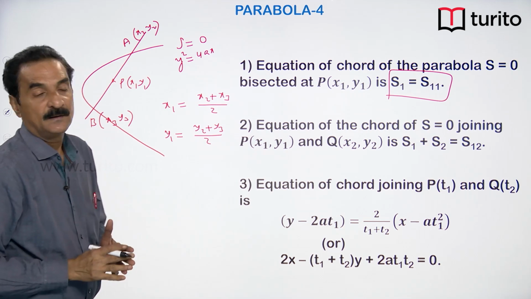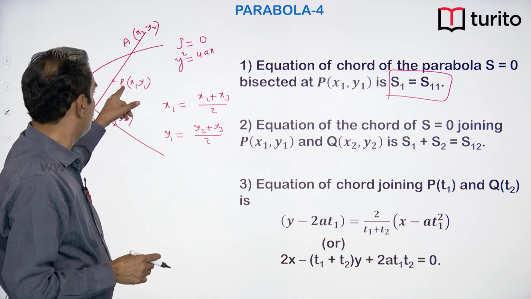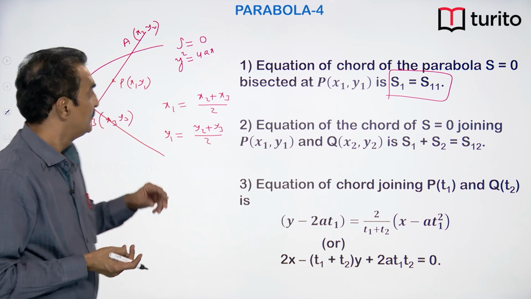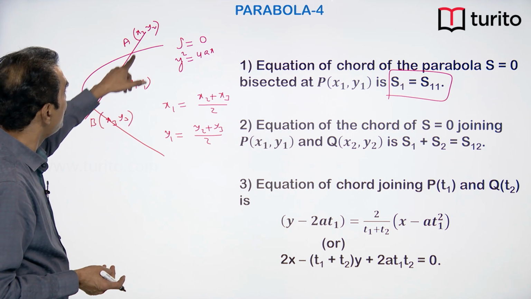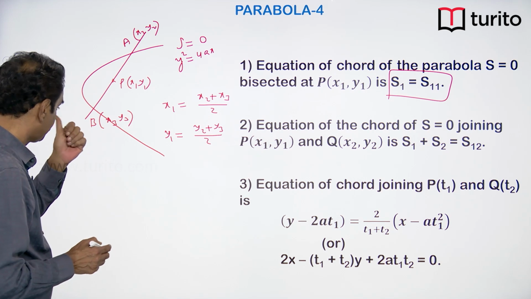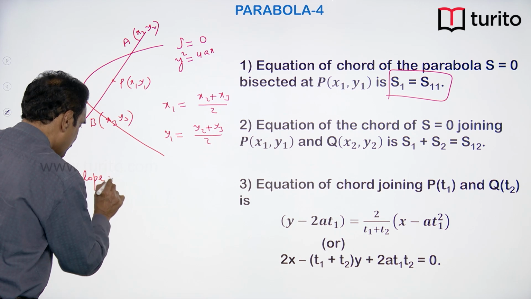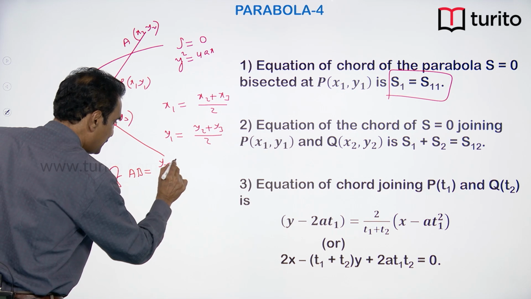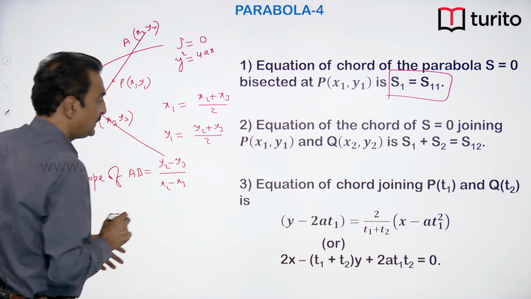Okay. Now, for getting the equation of the line, since you have a point, what else do you need? Slope. What is the slope of AB? It is (y2 - y3)/(x2 - x3).